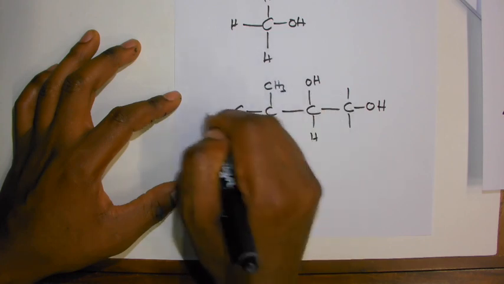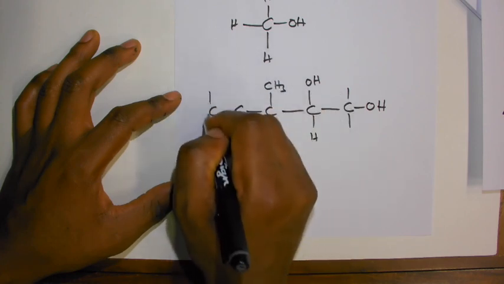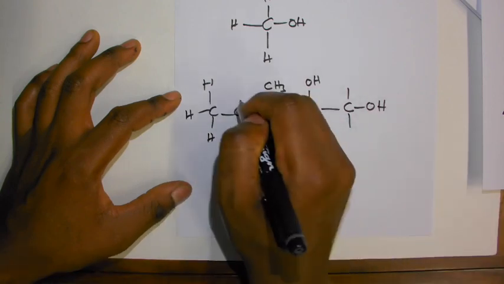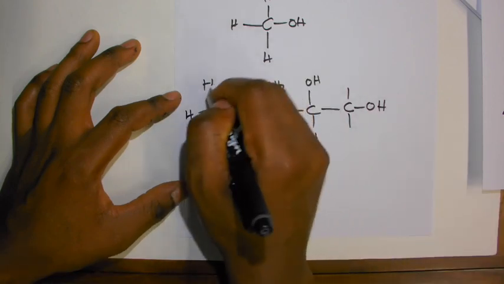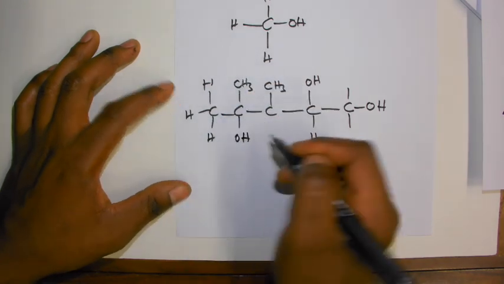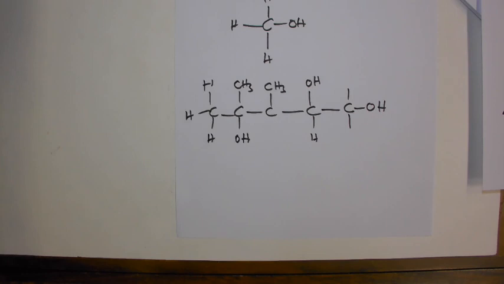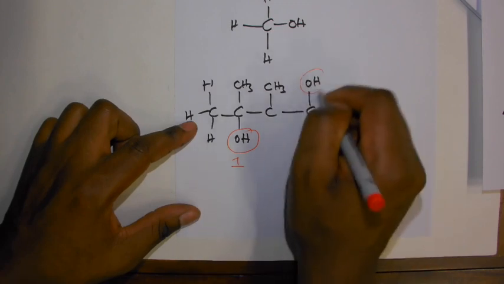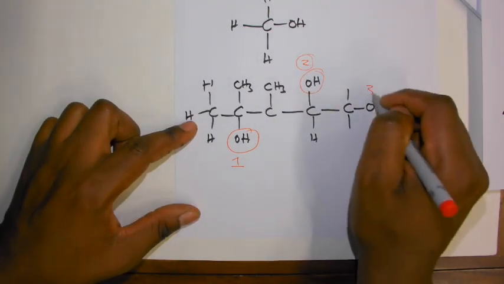I think you guys know that this will be CH3. I'm trying to come up with a fancy one here. CH3 again. So let's talk about these three different types of alcohols that I just wrote for you. This is alcohol number 1, alcohol number 2, alcohol number 3.